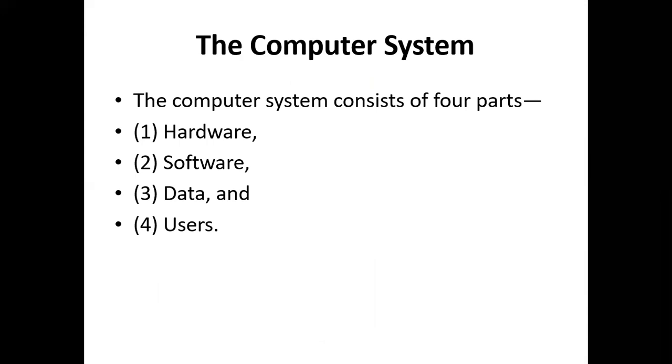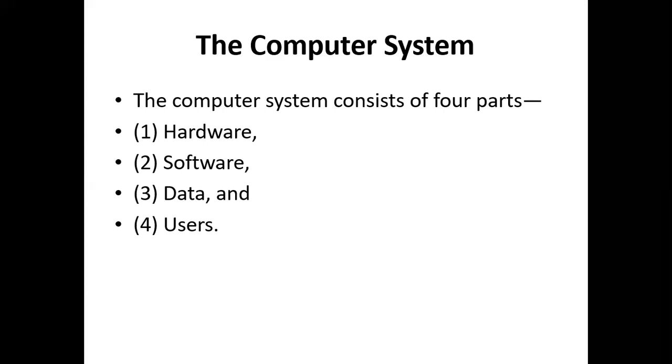A set of interrelated components that work together to perform a task. When it comes to computer systems, the components we have are hardware, software, data, and the users. So these four components work together to accomplish a task.